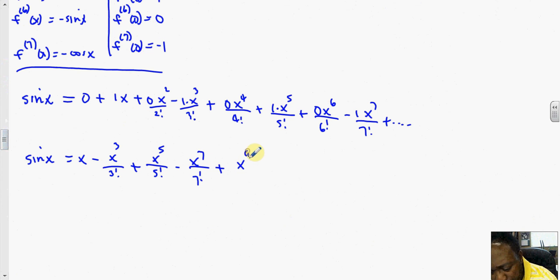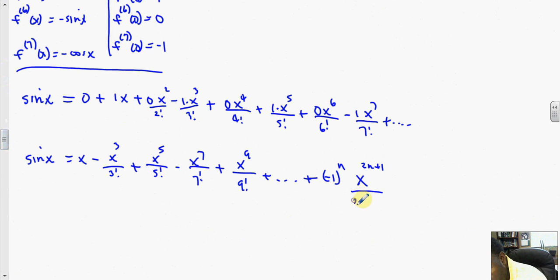X to the 9 over 9 factorial. I think you get it, plus and so on, plus negative 1 to the n times x. How do we build the odd terms? That's represented by 2n plus 1, over 2n plus 1 factorial. You keep on traveling.